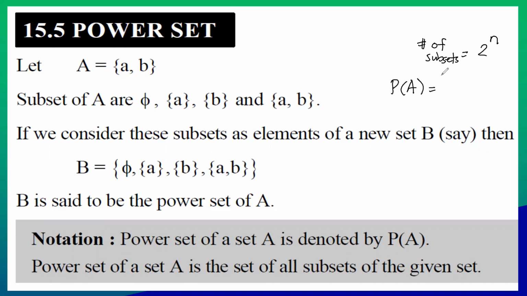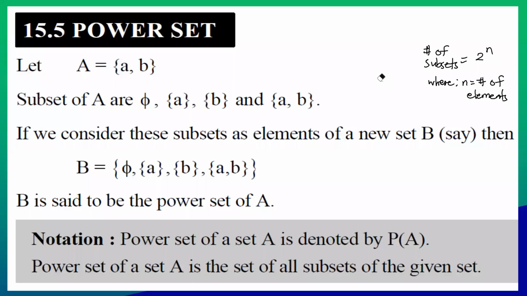N is the number of elements. So again, for set A we have 2 elements, so our n there is 2. So therefore we will have 2 squared, which is equal to 4. So you have 4 subsets if you have 2 elements. We have 1, 2, 3, 4. Again, one of the remarks is that a null set is a subset of every set. So there is always a null set.